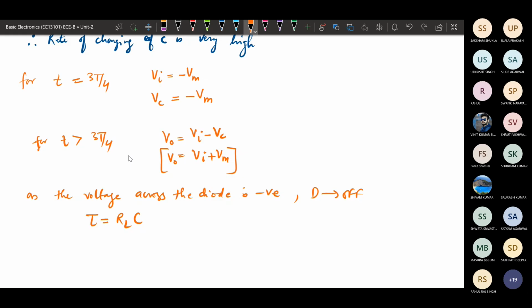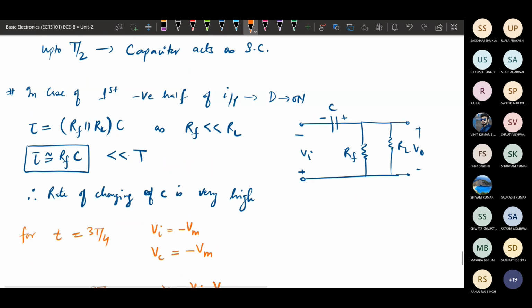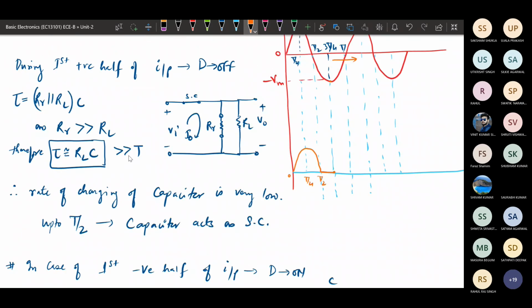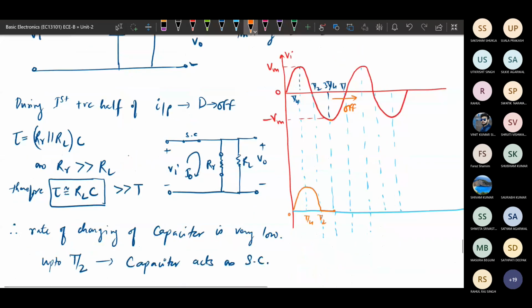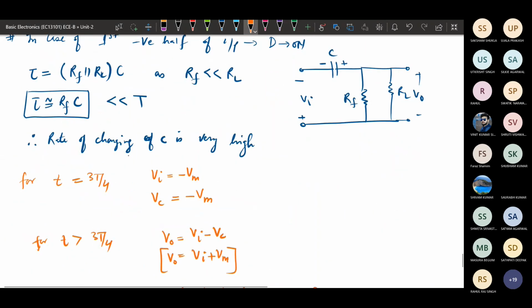So the output will be Vm minus some value, and that will be some positive value. Beyond this, the voltage across the diode is positive here and negative here, so the diode will be off. Once the diode is off, it will be an open circuit.